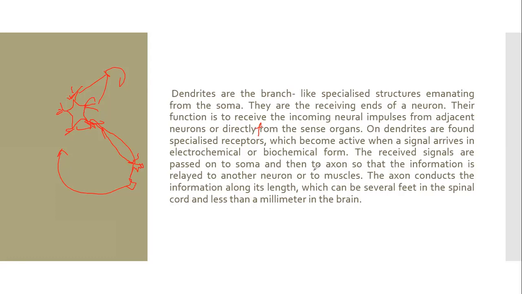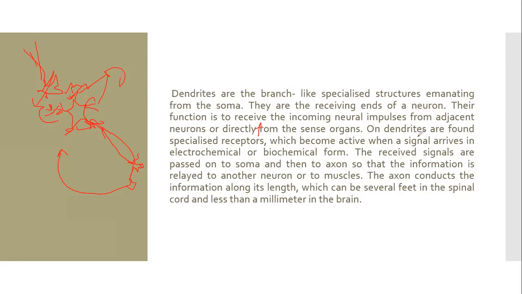If the other neuron is connected to this, they will transfer information. But if it is not connected and is directly connected to the sense organ, it directly receives information from the sense organ, which can be eyes, ears, skin, anything.